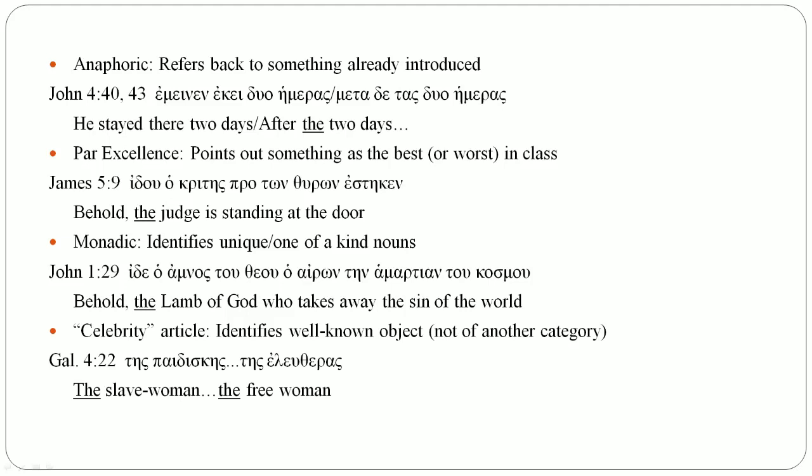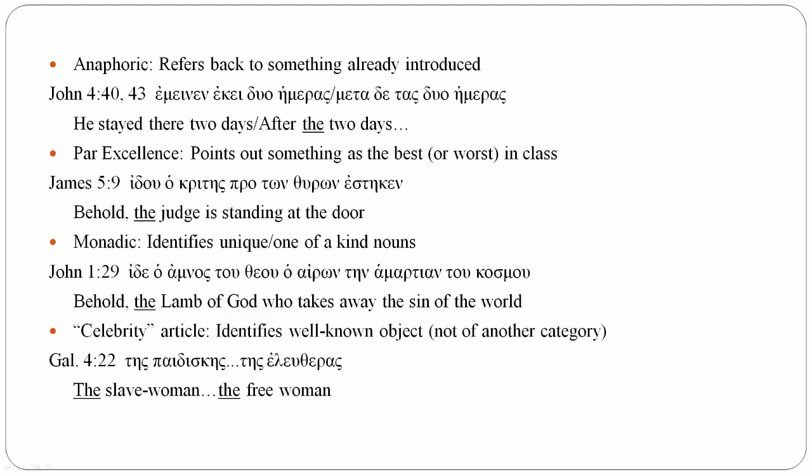So this is like the worst judge, or the worst news. Behold, the judge is standing at the door. Big ominous music plays, and yeah, the judgment is coming. You think that you've gotten away with this, but behold, the judge is standing at the door.